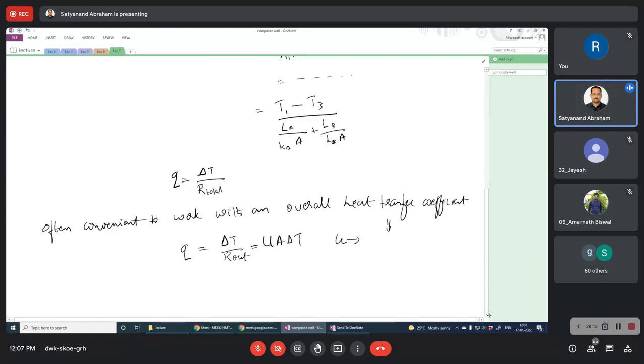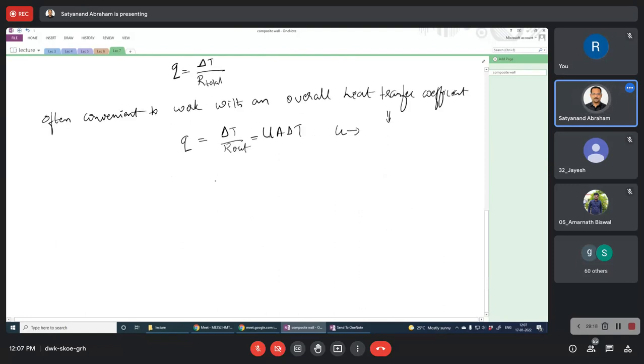Therefore we can write U is equal to 1 by R total into A. For the particular example we saw, we take out all the A's here: 1 by h1 plus LA by KA plus LB by KB plus LC by KC plus 1 by h2.